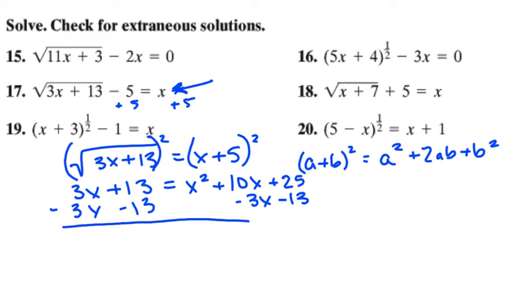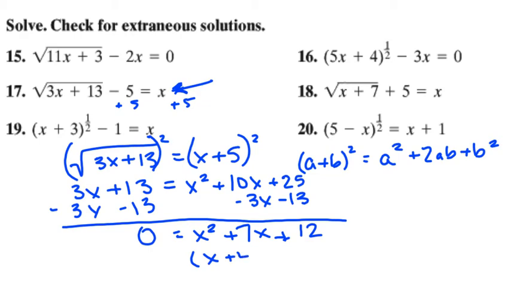And that leaves us with 0 on the left, x squared plus 7x plus 12. Now, are there factors of 12 that would give me a 7? Yes, there are. So that's x plus 4 and x plus 3. 4x plus 3x is 7x. 4 times 3 is 12.